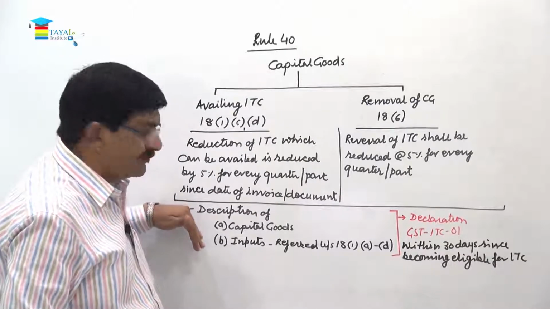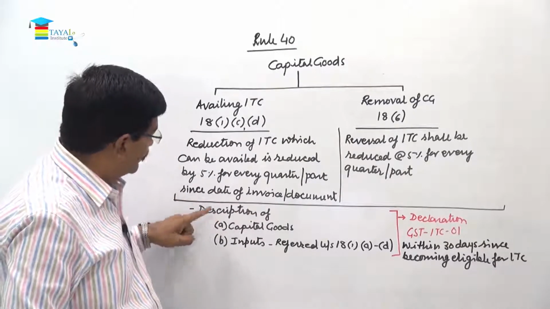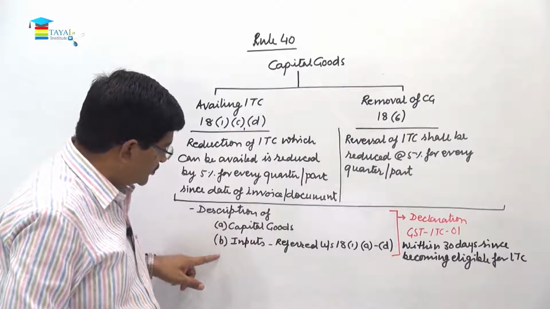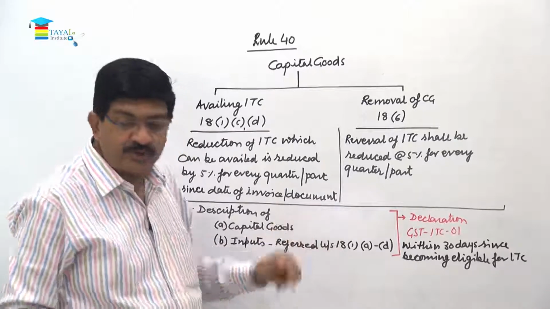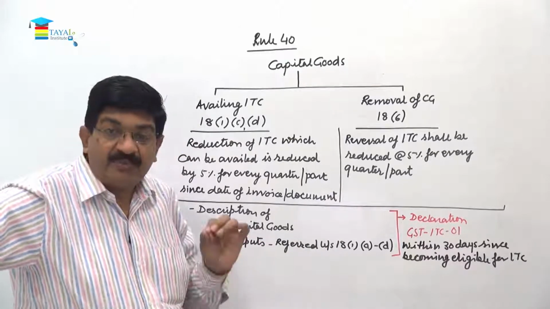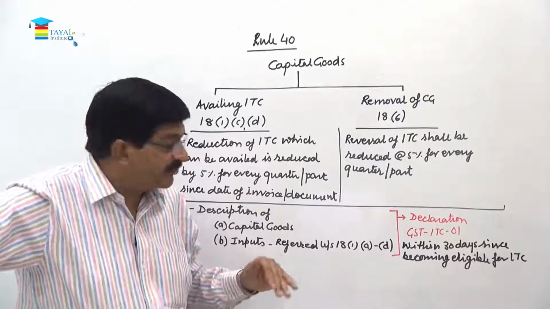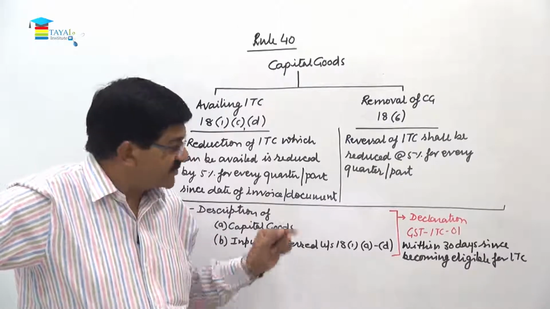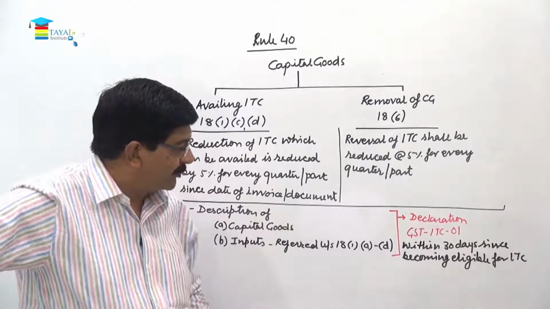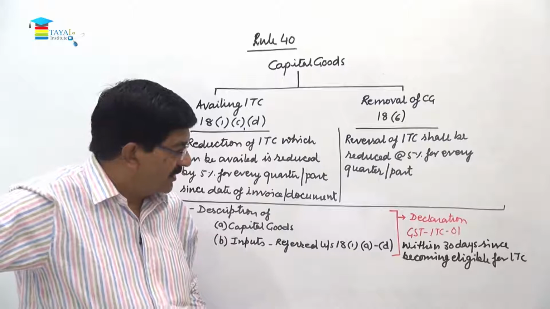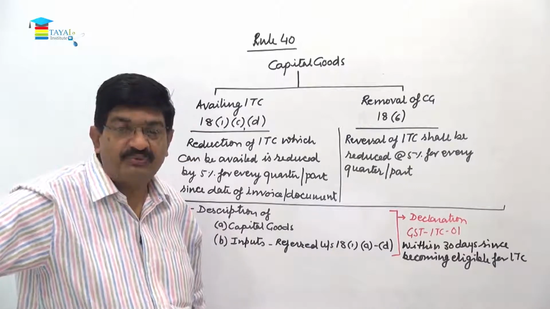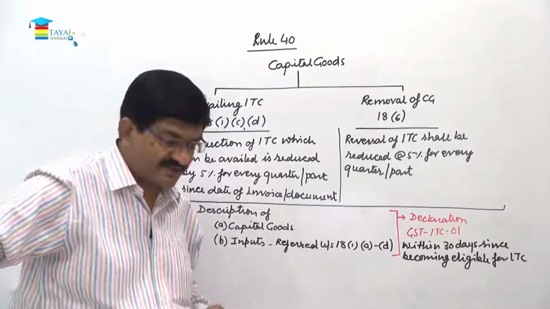So this information, the description of the capital goods but with the amount reduced this way, and the information of inputs as required under section 18 subsection 1 clause A, B, C, D, and the specific date is also given as on that date. The description has to be furnished to the department by way of filing the form GST ITC 01, and that form should be filed within 30 days since the person becomes eligible to avail the input tax credit.